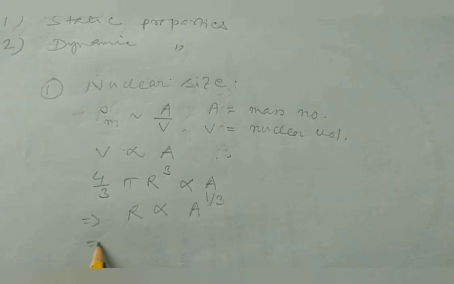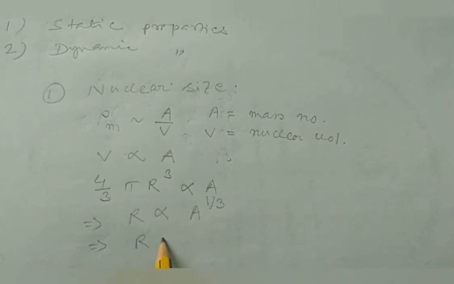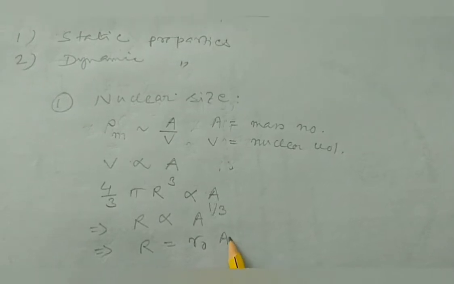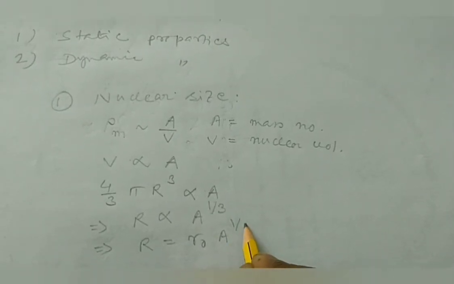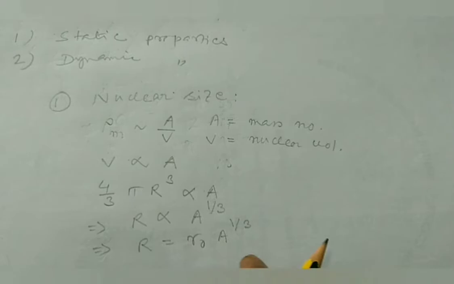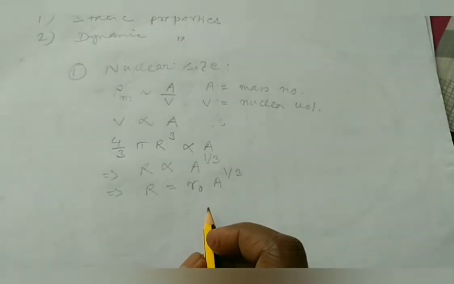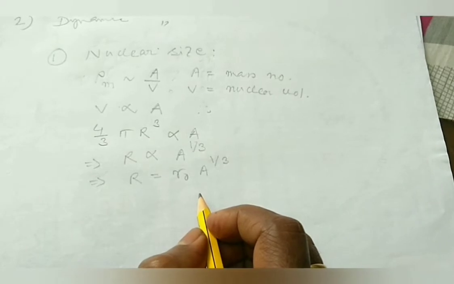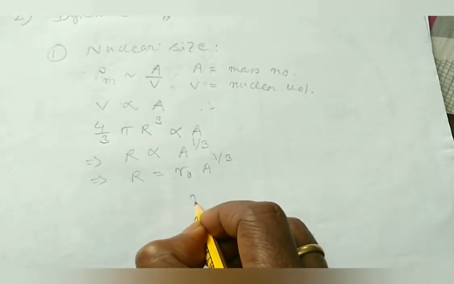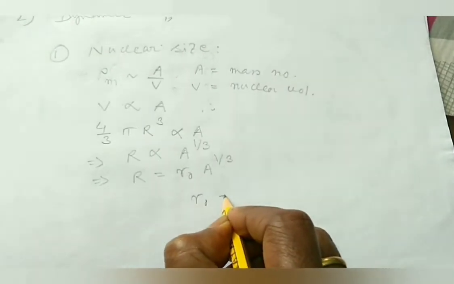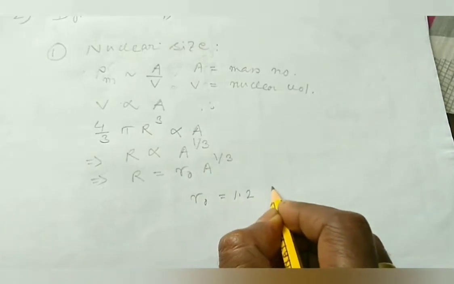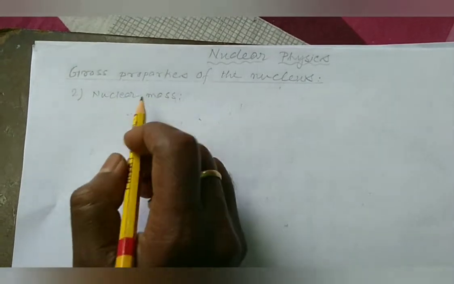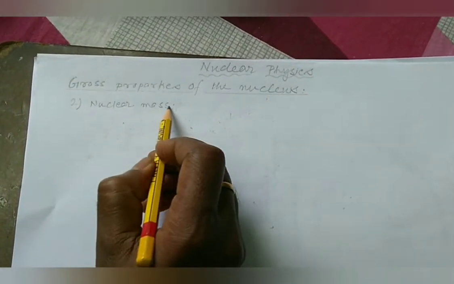That is r equal to r0 A to the power 1/3, where r0 is a constant known as the nuclear radius parameter, whose value r0 equal to 1.2 femtometer.